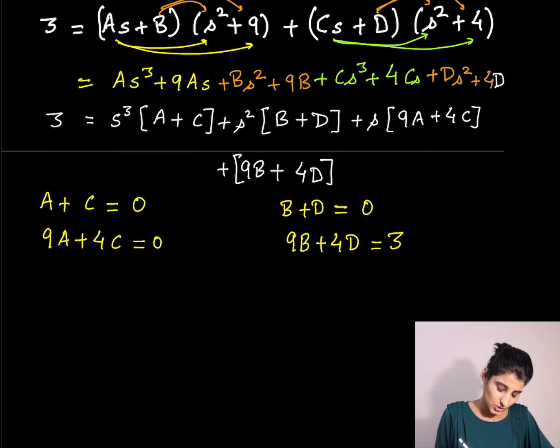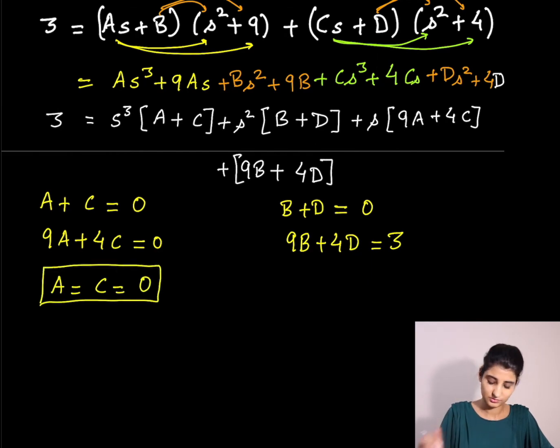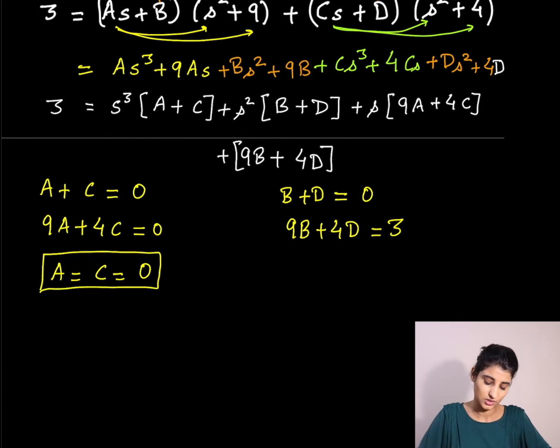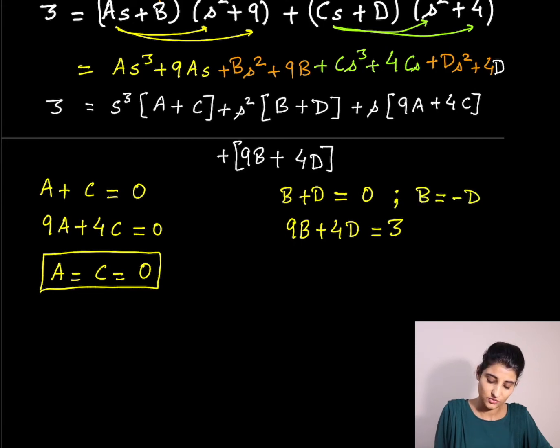So if you solve these two equations, you will get a and c are equal to 0. Now from this equation you will get b is equal to negative d. If you replace b by negative d, you will get negative 9d plus 4d equal to 3.